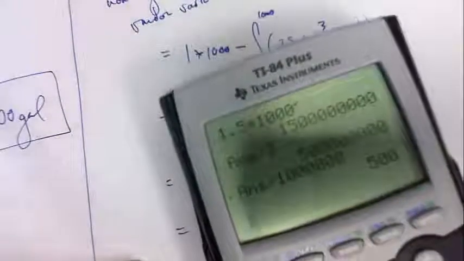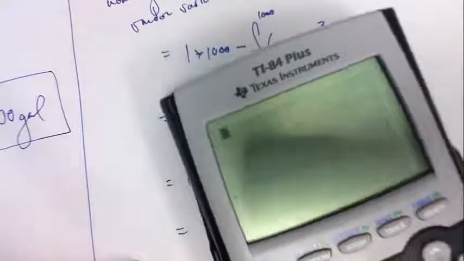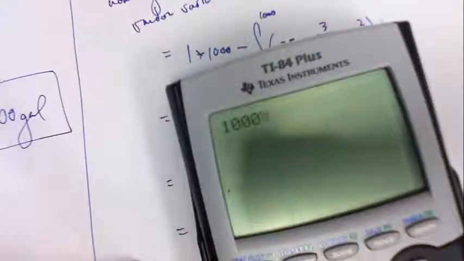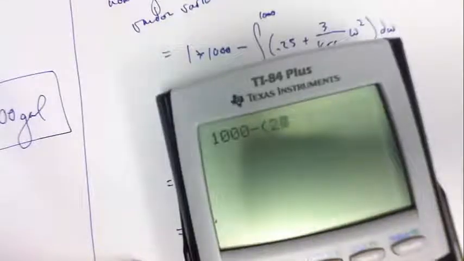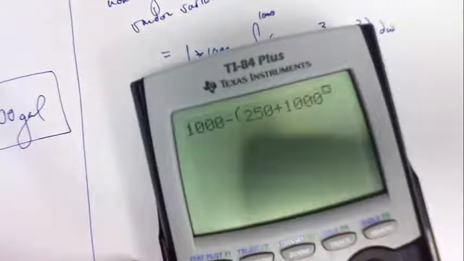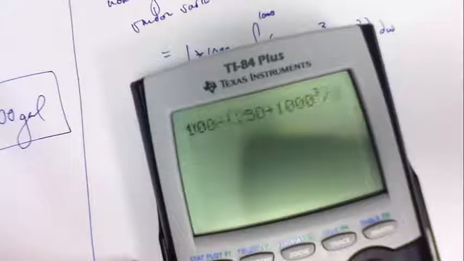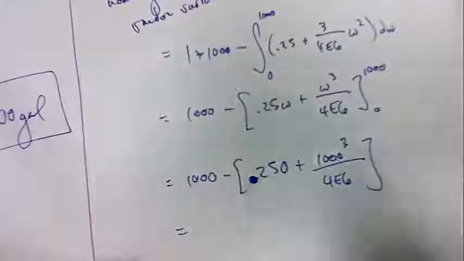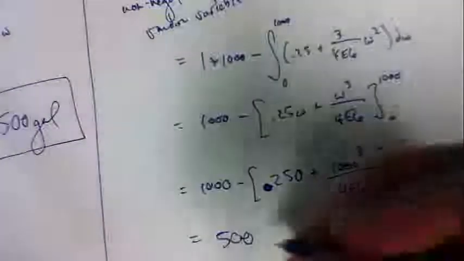It should be 500. Let's see if it is. 1,000 minus 250 plus 1,000 raised to the third divided by 4 million. 500! Fan-freaking-tastic. Same as it was over here. So there are a couple ways to do that. Both are really great.